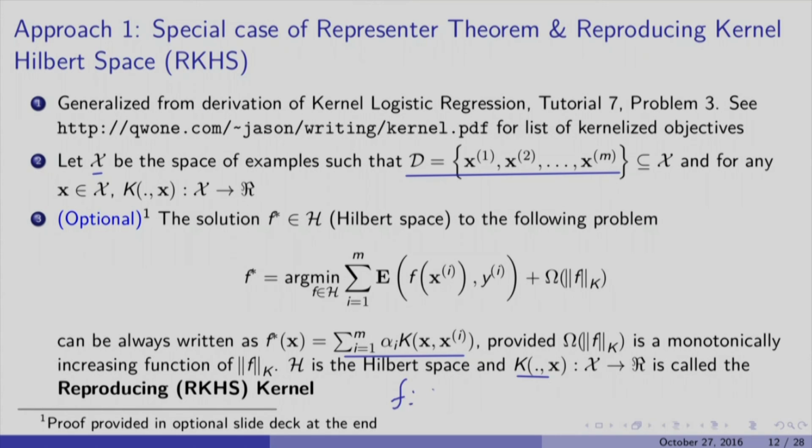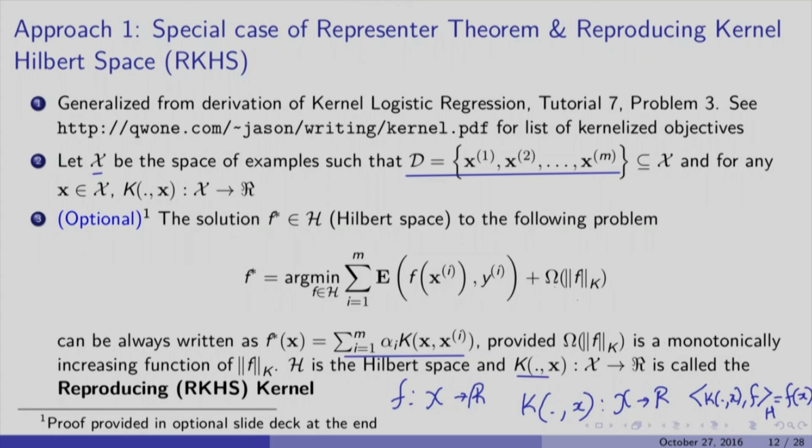Now f is basically a function from the input space x to R, and so is k indexed by the specific example x, a function from x to R. Now if you take the inner product in the space of k evaluated at a point x with the function f, this turns out to be f(x).